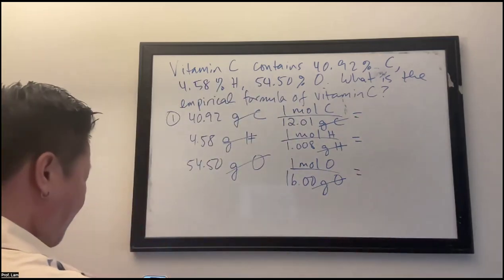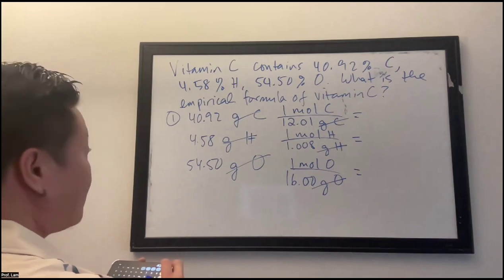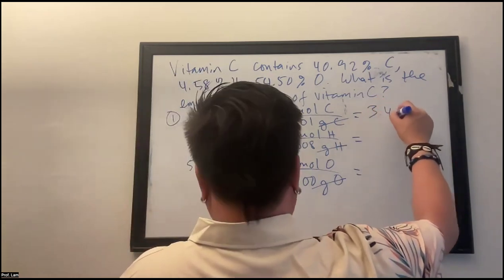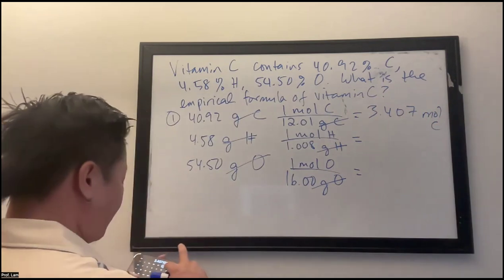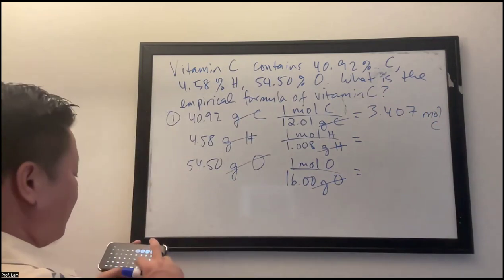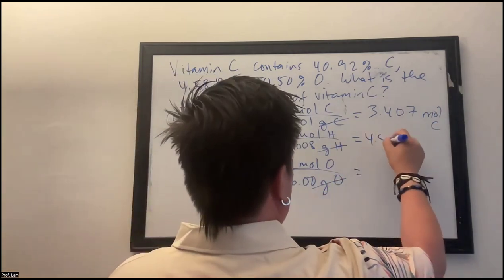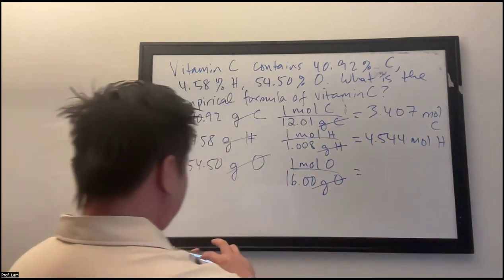And let's get these numbers. 3.407 moles of carbon. 4.544 moles of hydrogen.